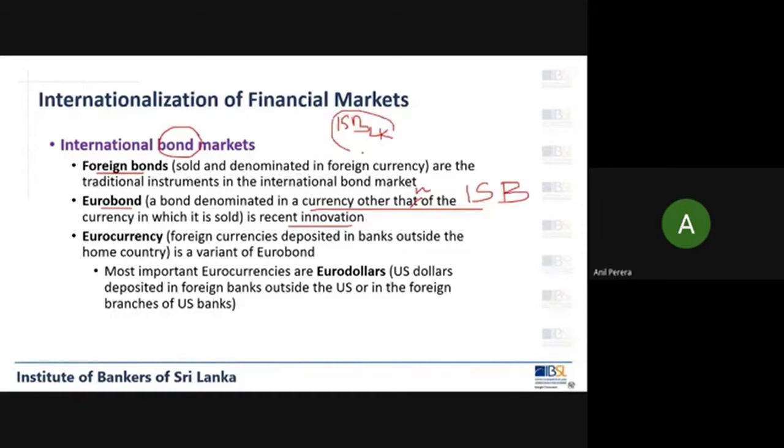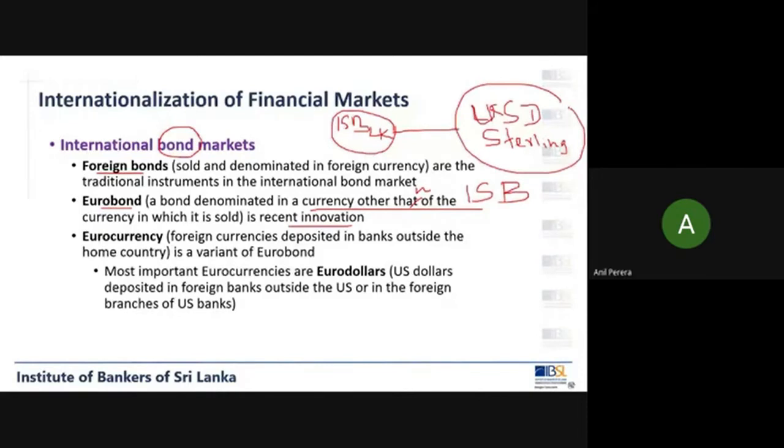If it is issued by Sri Lanka, generally it should be LKR, rupees, right? Because it belongs to the Sri Lankan government. But these are denominated in other currencies. Could be USD, could be sterling, etc. And these are traded in international markets.